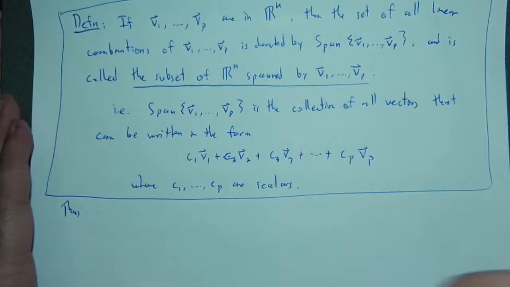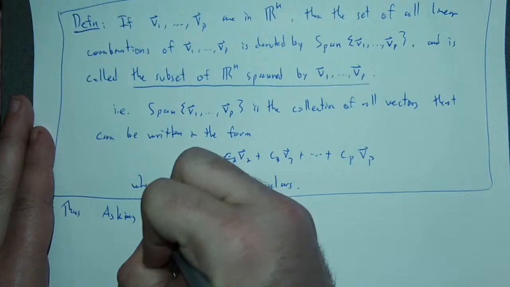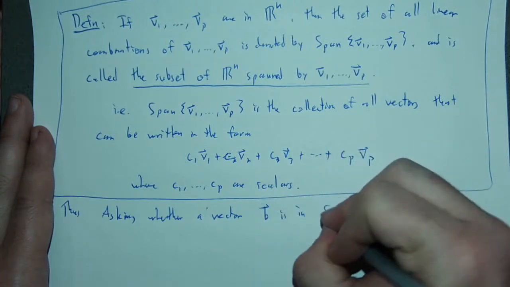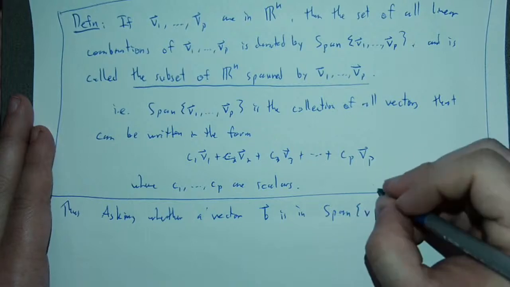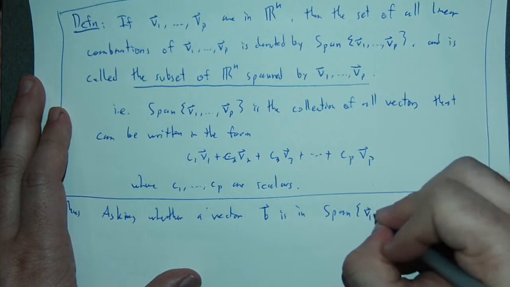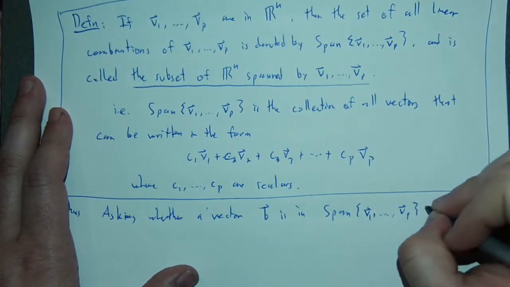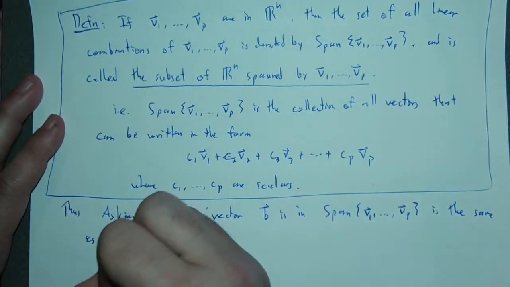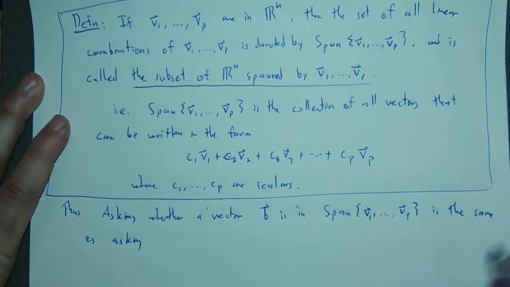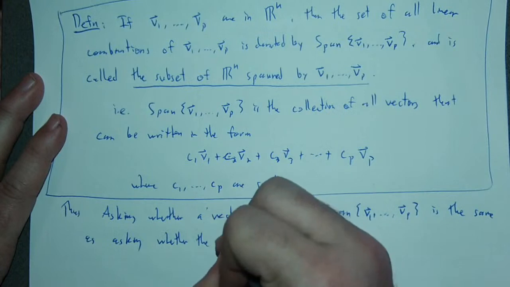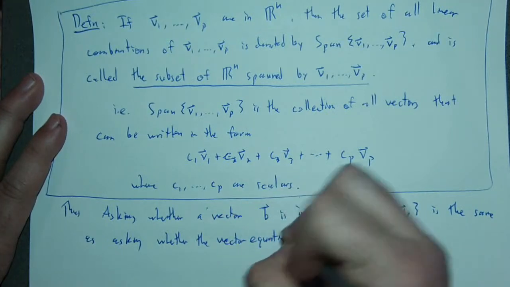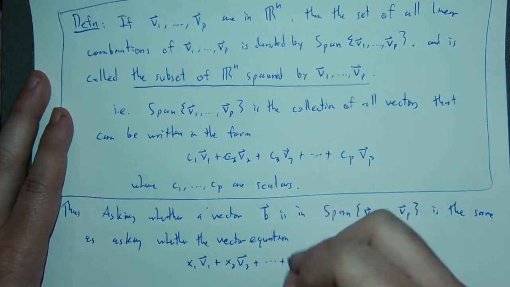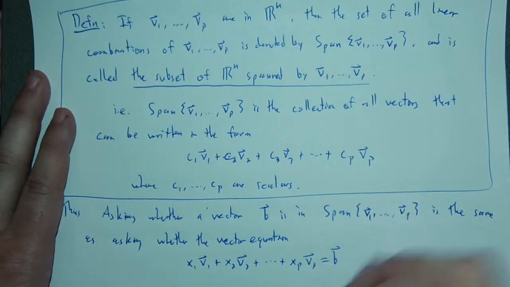So asking whether a vector b is in the span of some set of vectors v1 through vp is the same as asking whether the vector equation x sub 1 v sub 1 plus x sub 2 v sub 2 and so on up to x sub p v sub p is equal to b has a solution.